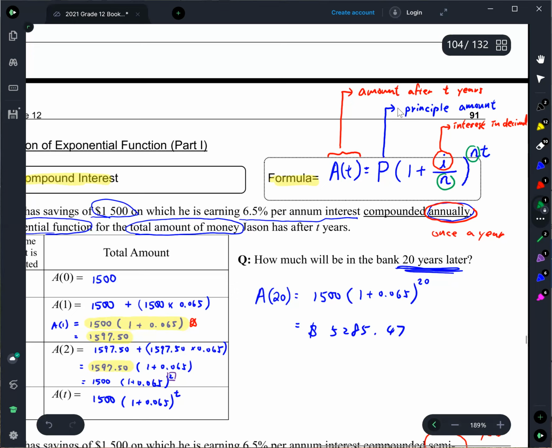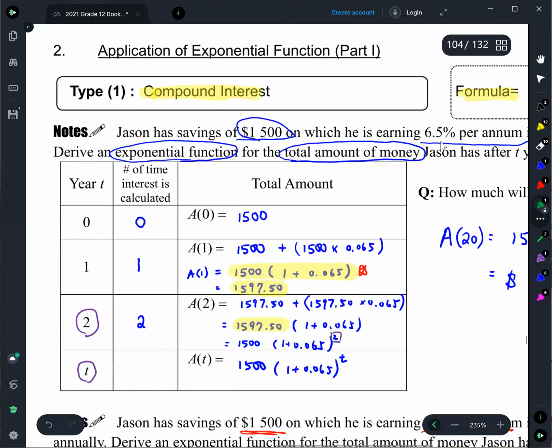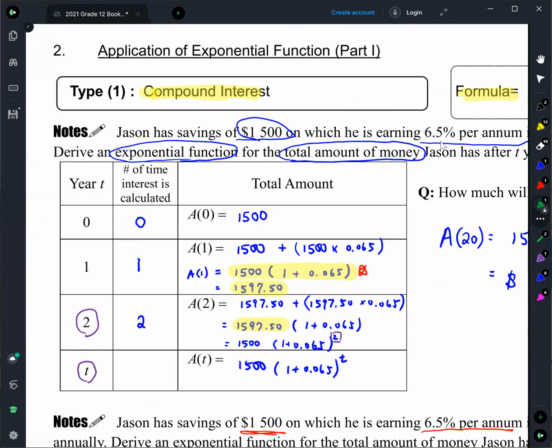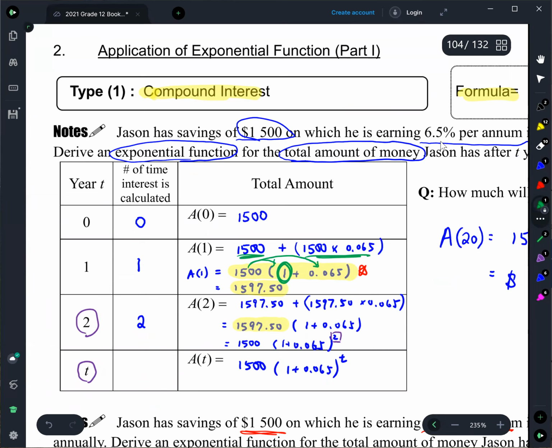What does the 1 mean again? So the 1 came from the factoring. If you look at the chart here, let me circle it. The 1 is because we factor out the 1,500. That's why it's the 1. If I multiply the 1,500 in, you get the original. Multiply the second one, you get the second part.